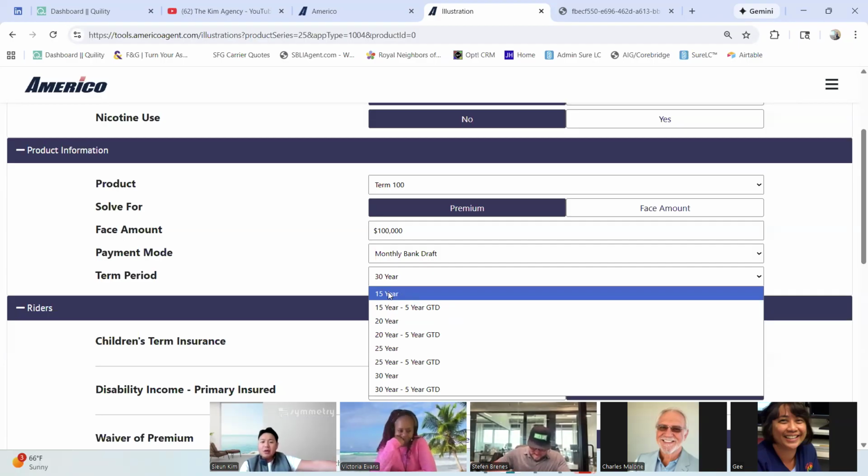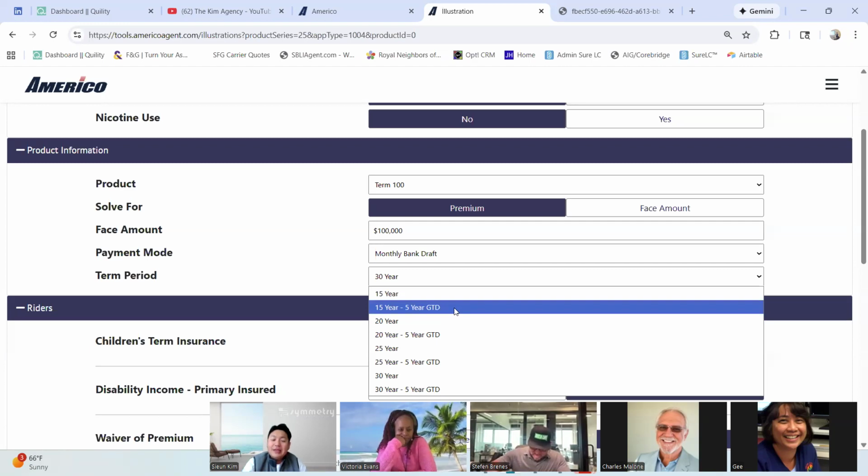So the premium does not go up. The 15-year, 5-year GTD means that it goes for 15 years, but the premium is only guaranteed for the first 5 years. So as an example, if the policy premium started with $100, 5 years is the same, but it's going to go up after that.